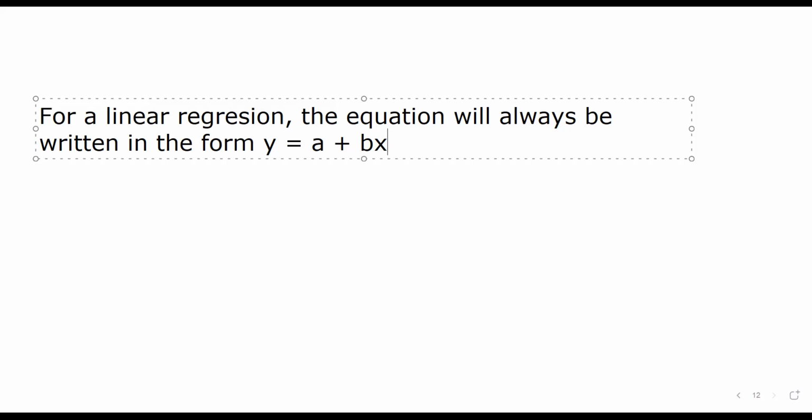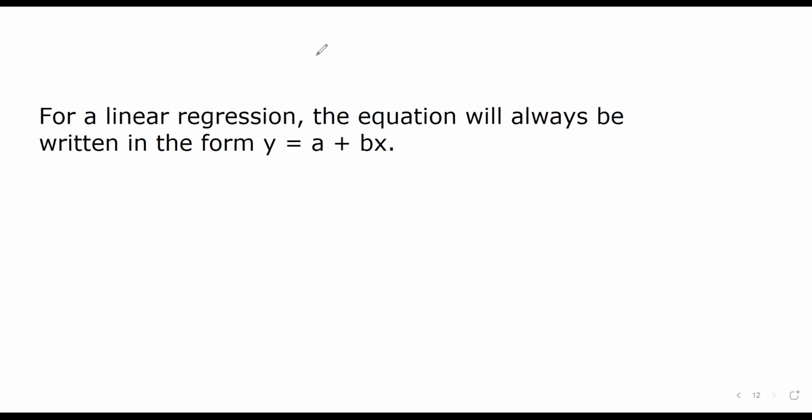All right, shameless plug. So anyway, our linear regression equations will be written in the form y equals a plus bx. And the other thing I don't like about this generic form, beyond the fact that the x is second being almost arbitrary, is that they call the slope b. Because in every y equals mx plus b that you've ever heard, the m was the slope and the b was the y-intercept.